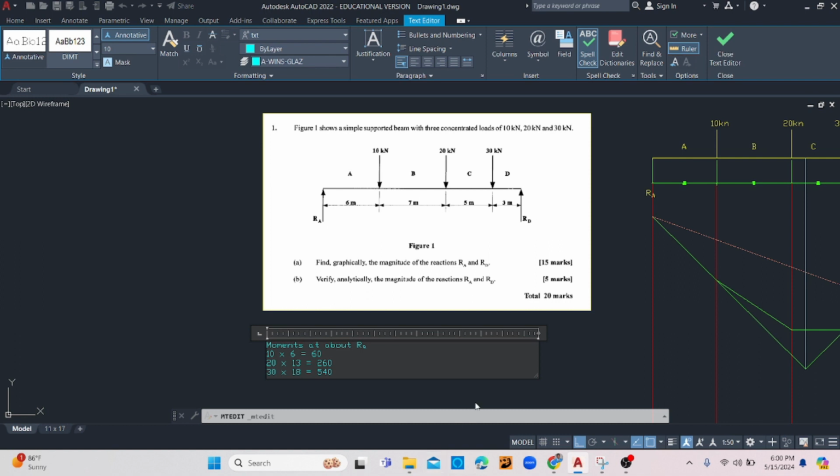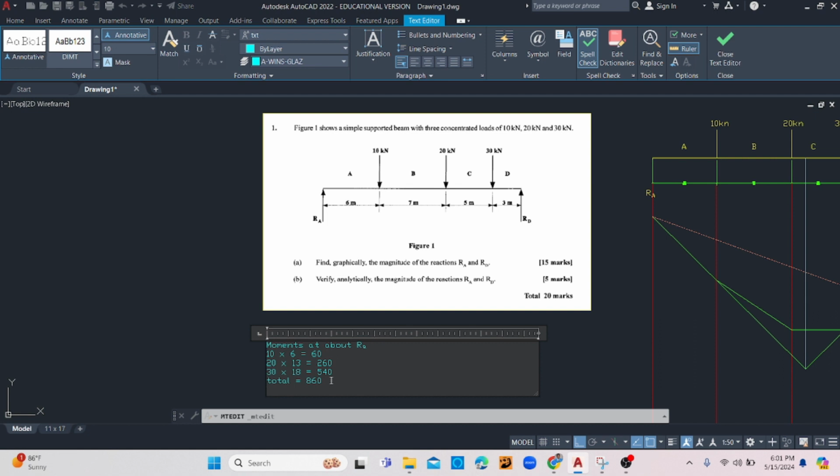We're getting 860 total. Yeah, so 860. Now, once you have that number, the next step is that you're going to be dividing that number by the total span of the beam.